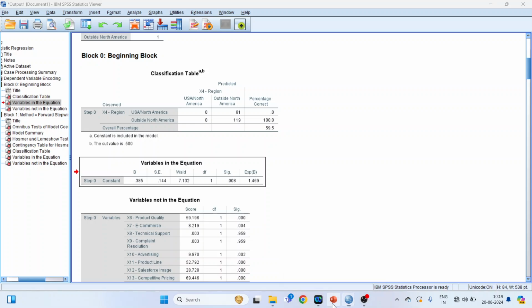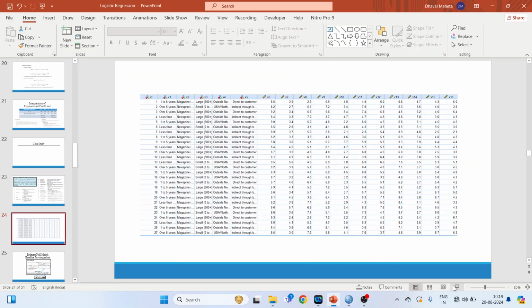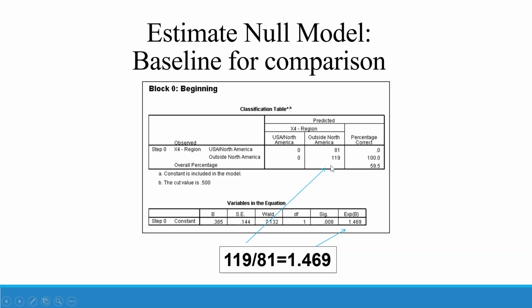I have taken this on the slide. So this is the data. Okay, so we got the output 81, 119. Now what is this classification table? Let's understand. This is the observed data, the original data, and this is the prediction done by the model. So without any predictor variables, the classification is 81 and 119.